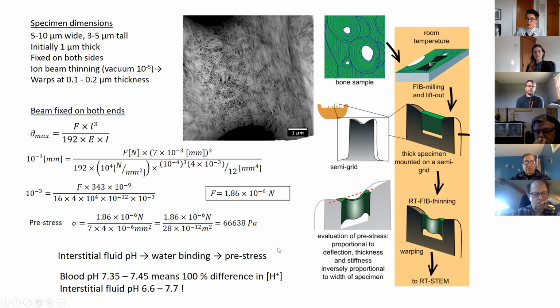So the more water in the tissue, the more pre-stress is exerted on other structural components. And the water binding capacity of extracellular matrix is defined by the pH of interstitial fluid. The lower the pH, the less water binding capacity can be observed. Now, pH in a living organism is very strictly controlled, for example in blood, because blood has a huge buffering capacity.